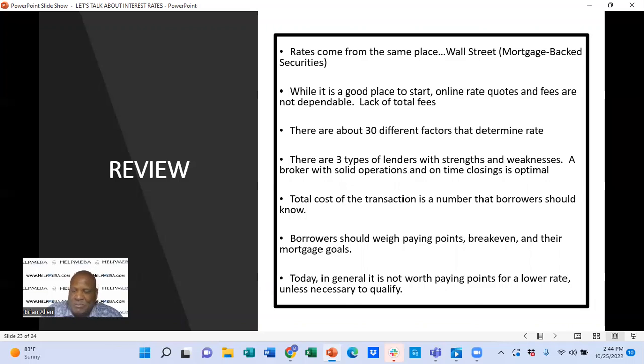And as a broker, because we have more flexibility, you can expect that on average, you're going to be paying 2 to 3% in lending fees, closer to 3% if you're a bank, closer to 2% if you're a broker. And while it's a good start to go online just to get a feel for where they are, you really need to talk to a mortgage professional.